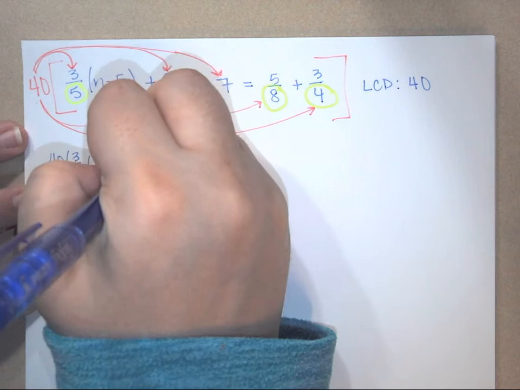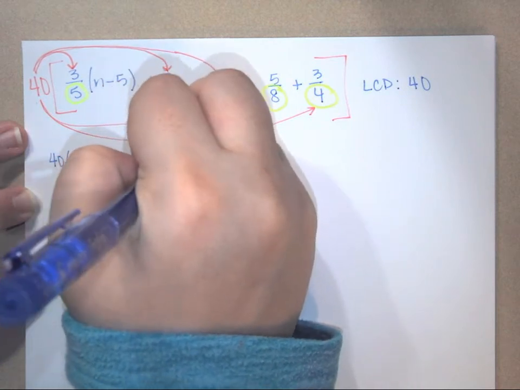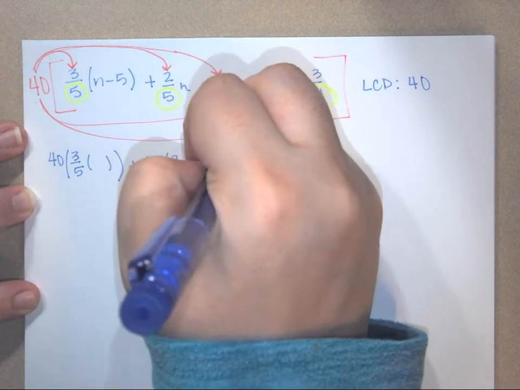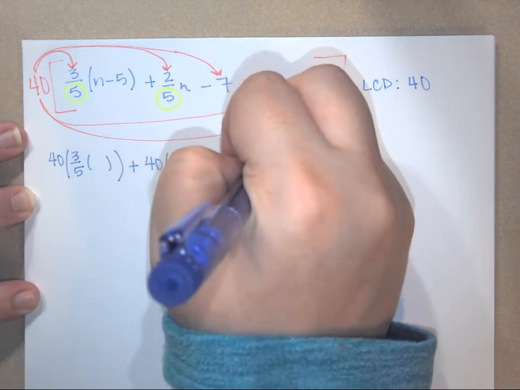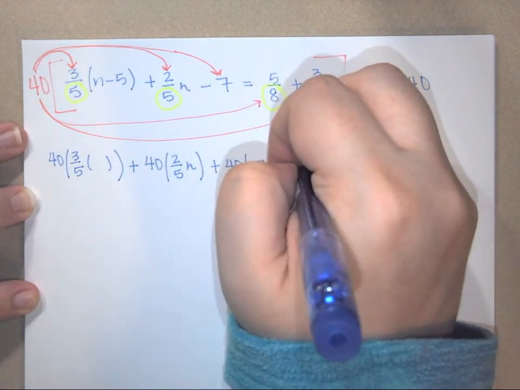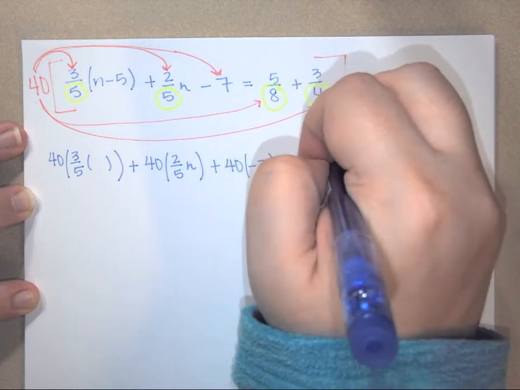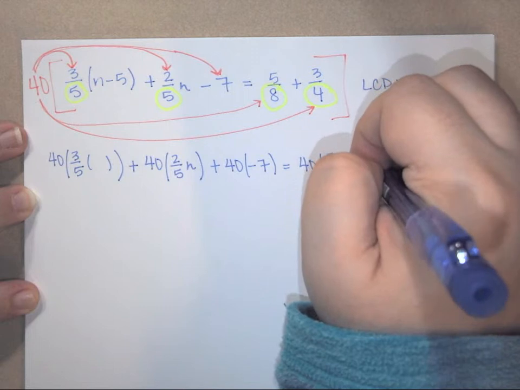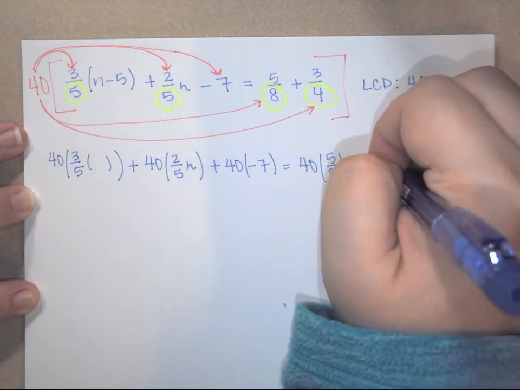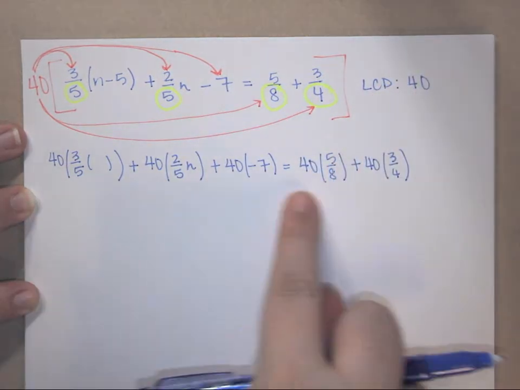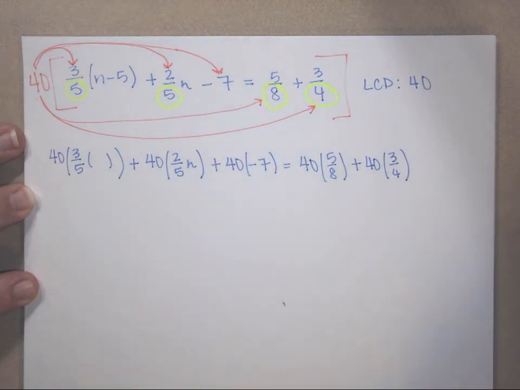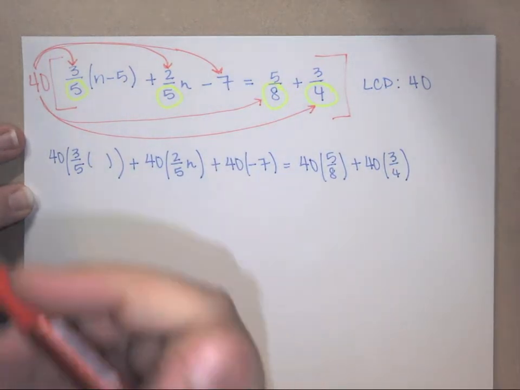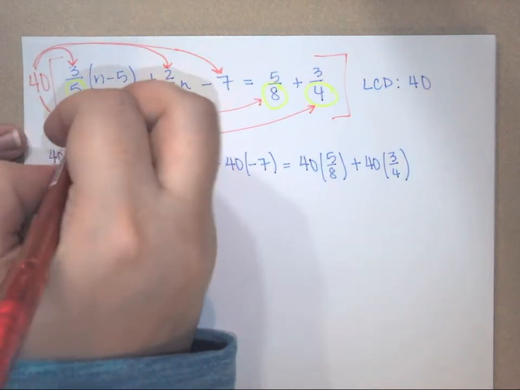Then this is plus 40 times my 2/5, plus my 40 times that negative 7, is my 40 times the 5/8, and my 40 times the 3/4. Now I wrote it out this way just showing you another way that you could work it out if you needed. This allows you to cancel and show your steps a little easier.